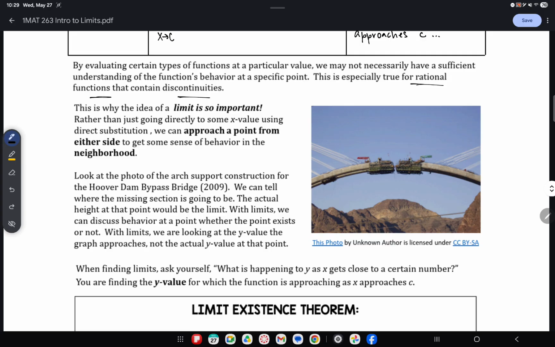Finding these limits will help us find where it's discontinuous, right? Just look at this picture here. We don't know from where we're standing maybe where the height is, but we can see that we're building this bridge or whatever this is. We can tell where it's going to be finished because from the left, it's going here. From the right, it's also going here. So it's going to have to finish in the middle there. Okay?